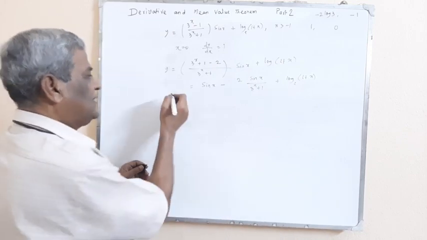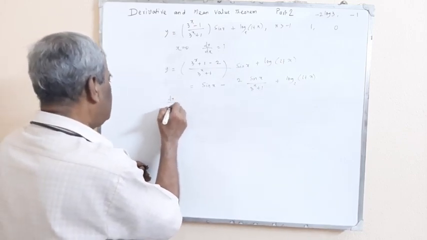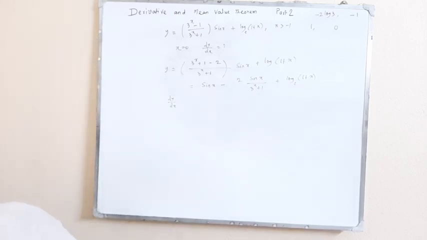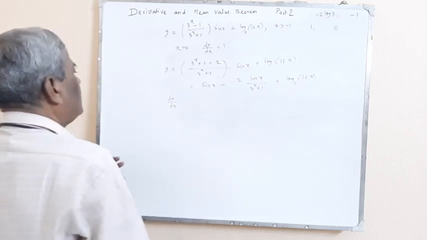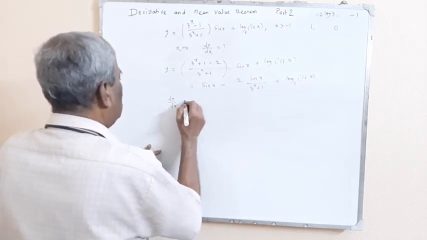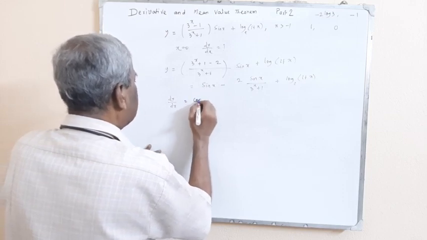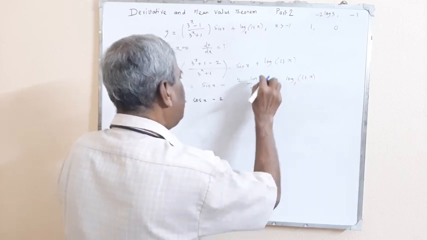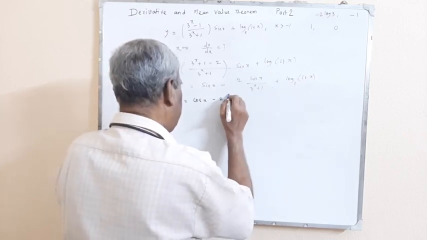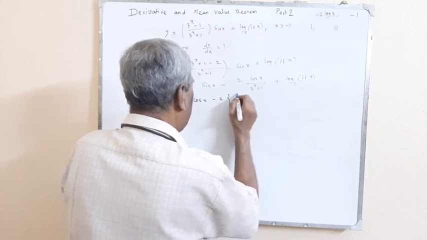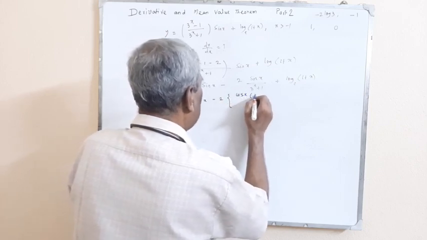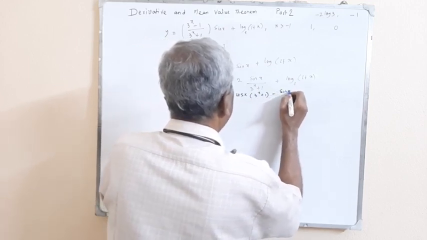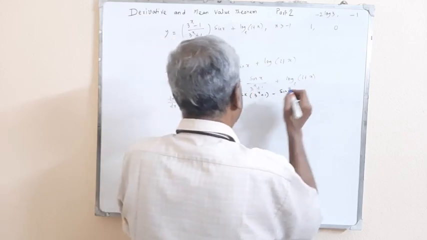Now differentiate. dy dx is equal to cos x minus 2. It is now of the type u by v. So derivative of sine x is cos x into (3 to the power x plus 1) minus sine x into derivative of that.